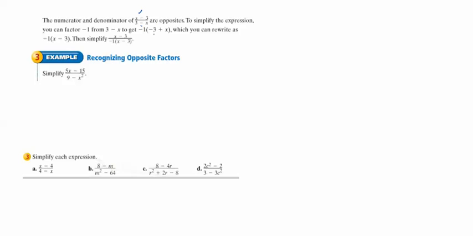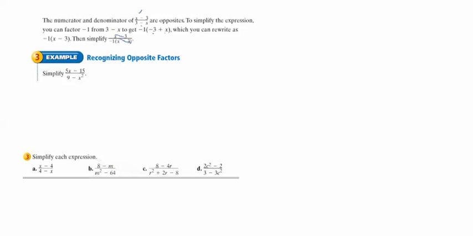So if we just change the order between this and this, we get that. And now at the top we have our x plus 3, and at the bottom we have our x plus 3. These two now can cancel, and you'll end up with 1 over -1, which is -1. Okay, because we're going to use that when we factor recognizing opposites.